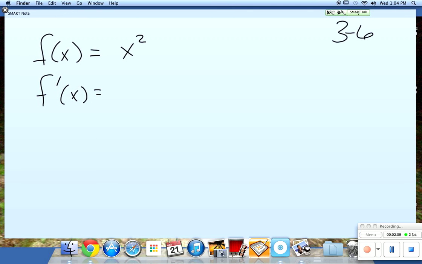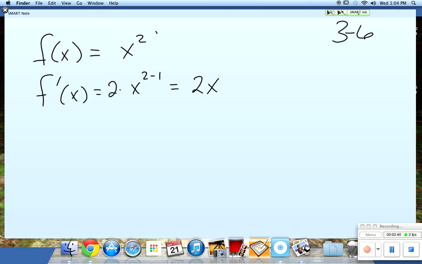This is what a derivative is. You take the exponent of what's up here, and you multiply this by the coefficient that's out in front, and you subtract one from the exponent. So this is actually 2 times x, and it's going to be 2 minus 1. We're going to subtract that down, which would mean it's really 2x when we take the derivative.